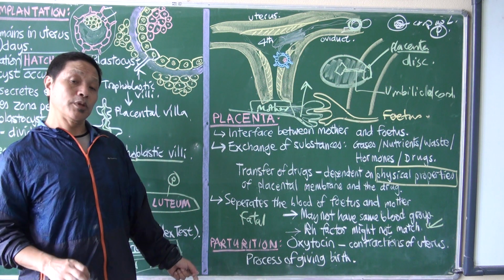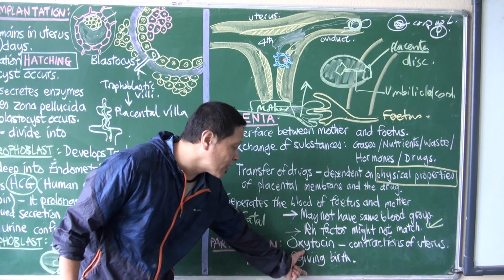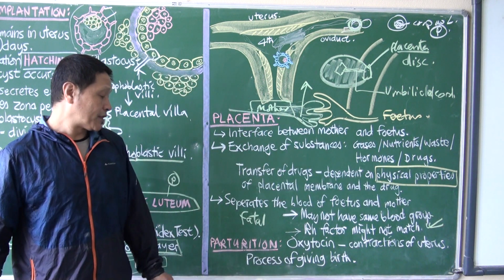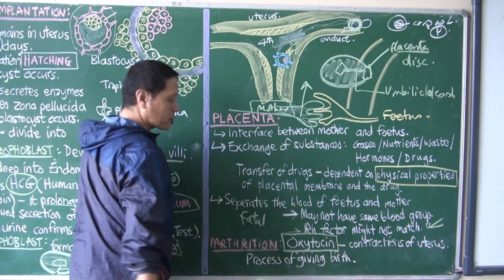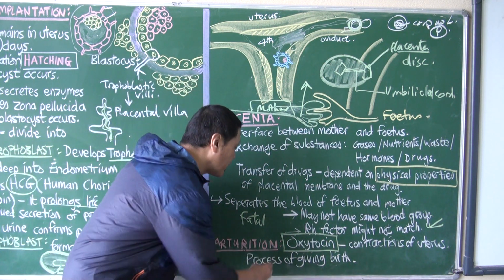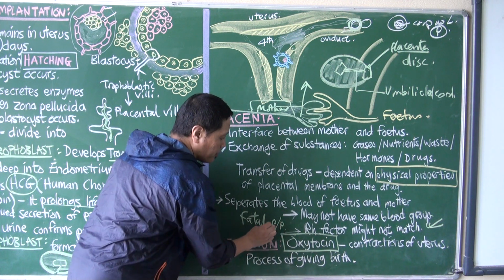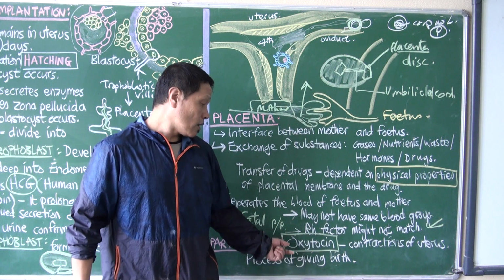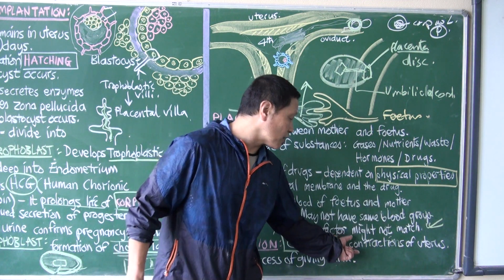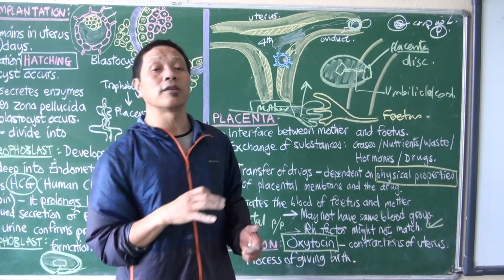The last one we deal here is parturition, which means the process of giving birth. Okay? Now this is initiated by a hormone again, which is secreted by the posterior lobe of pituitary. Posterior lobe of pituitary secretes oxytocin, which initiates the contractions of the uterus. Now the uterus does not contract once and expel the baby out.